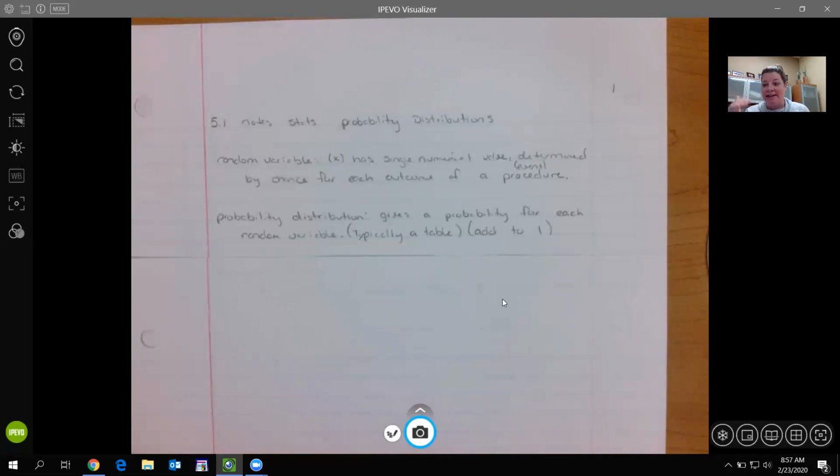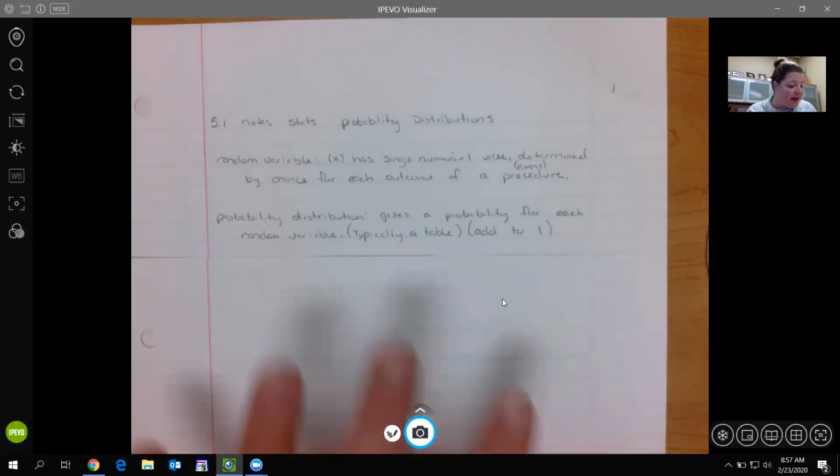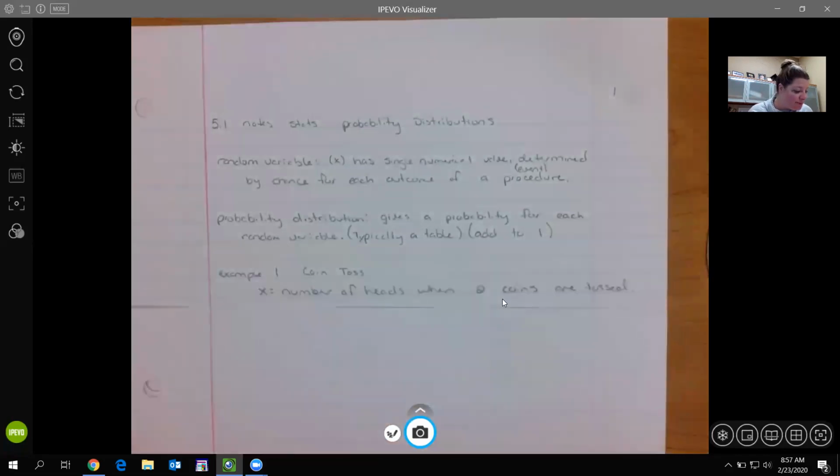And those 1/6s on all of them would add to the number 1. So a probability distribution should add to the number 1. When you're doing your homework, it'll say, is this a probability distribution? So you have to look at, do all the probabilities add to 1? Okay, so that's the idea of a probability distribution.